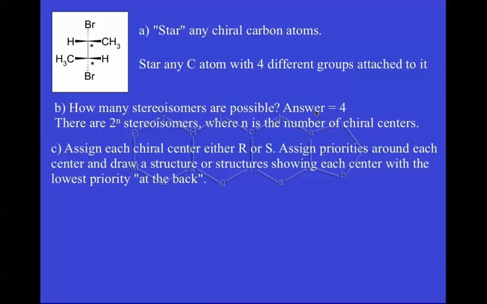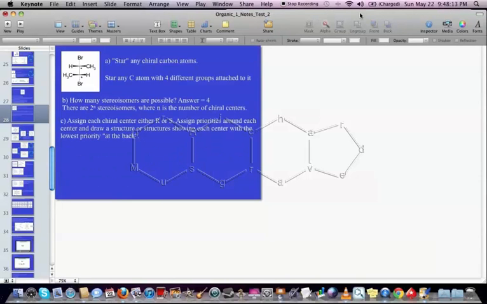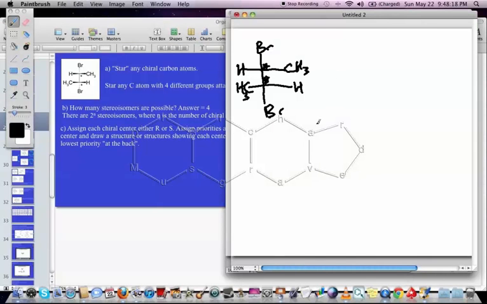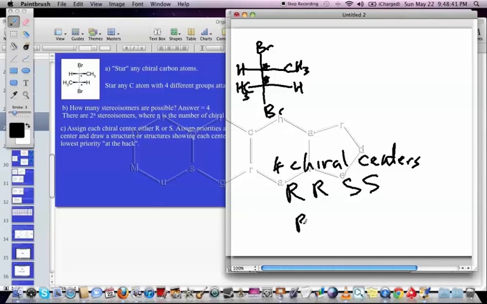Well, I'll tell you. The 4 comes from all the possibilities. We can have R,R, we can have S,S, we could have R,S, or we could have S,R.